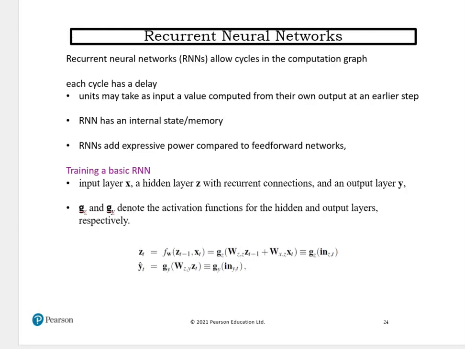This is the Markov assumption, which is the foundation for Markov models and dynamic Bayesian networks. So you don't need to go further than z_t to know what happened earlier in the network. All you need to know is the hidden state z_t.